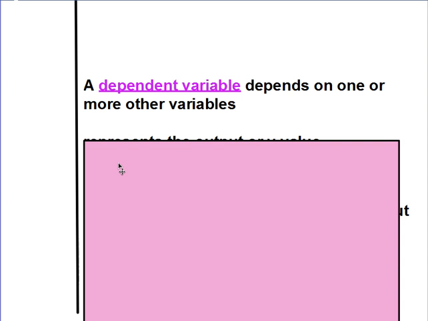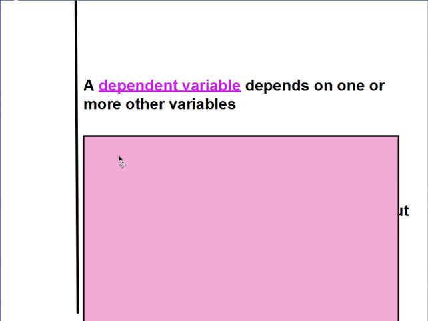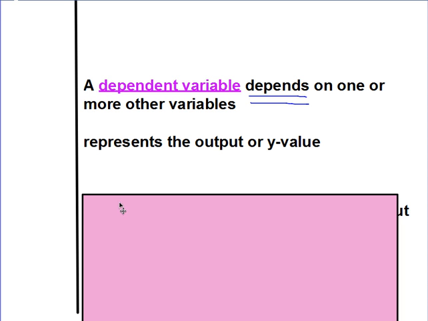So the variable it ends up affecting is the dependent variable. It's the one that depends on the other variable. Okay? And we use the letter Y to represent the dependent variable, and sometimes we'll even call it the output.